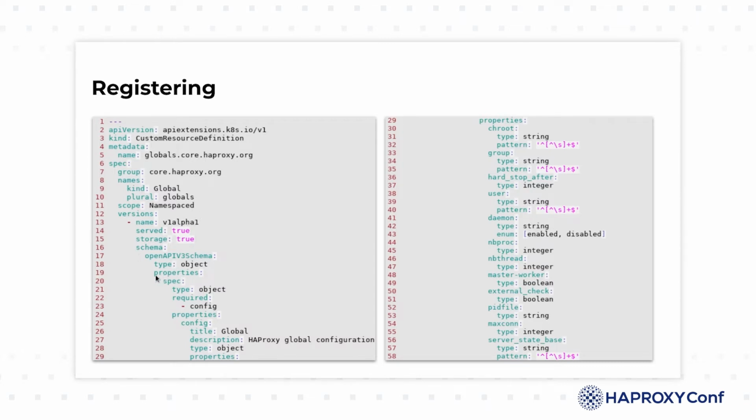Then we have the OpenAPI schema, which lets us have a formal definition of what the custom resource should look like. So we have multiple fields corresponding to global HAProxy options, and they can be strings, integers, or they can be of a structured type.